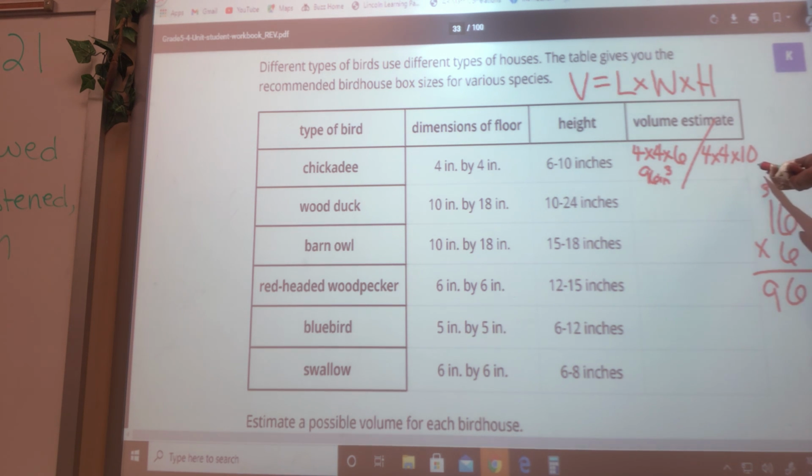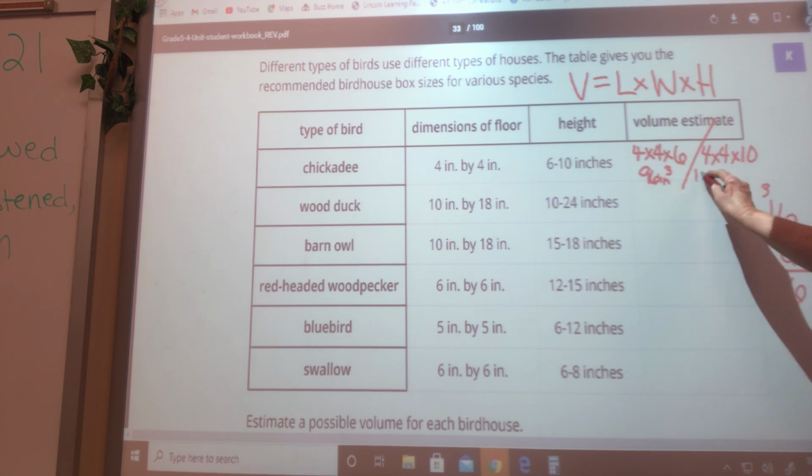And then this one, I have a multiple of 10. So I quickly know I can do the whole numbers that I see times each other, and then at the end see how many multiples of 10 I'm working with. I have 4 times 4 times 1. 4 times 4 is 16 times 1 is still 16.